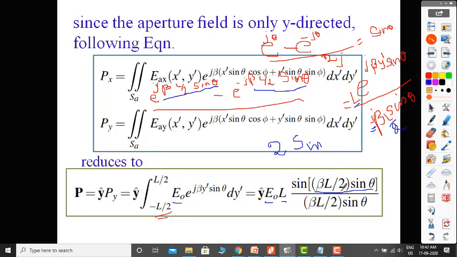So it will be sin of beta L by 2 sin theta divided by beta L by 2 sin theta. It looks like a sinc pulse, that is the form of sin x divided by x. It is a very familiar function called the sinc function.